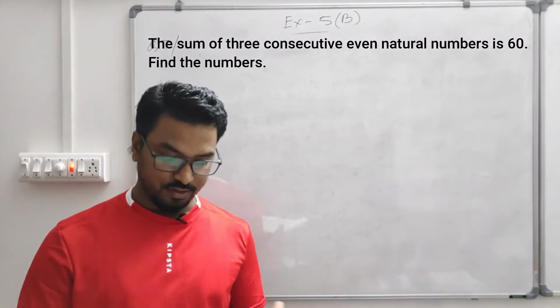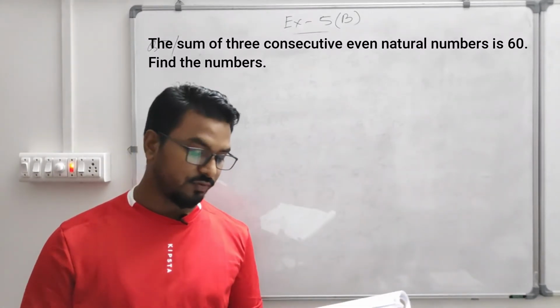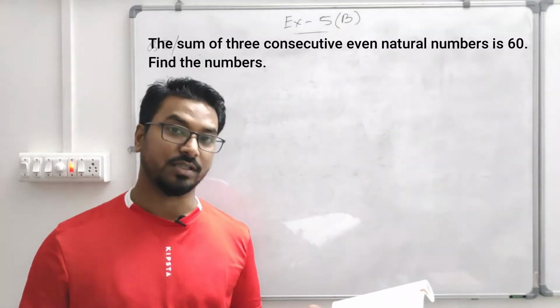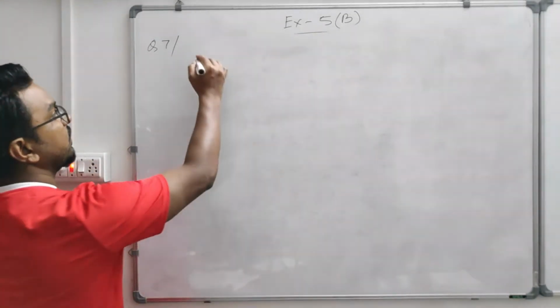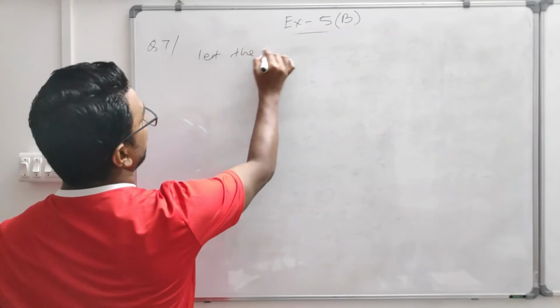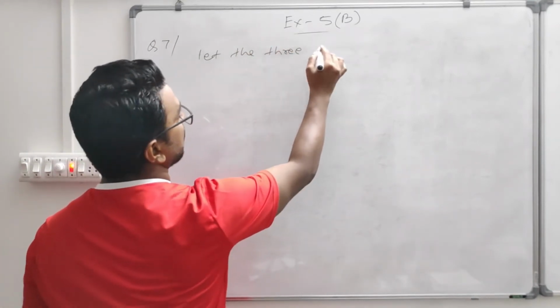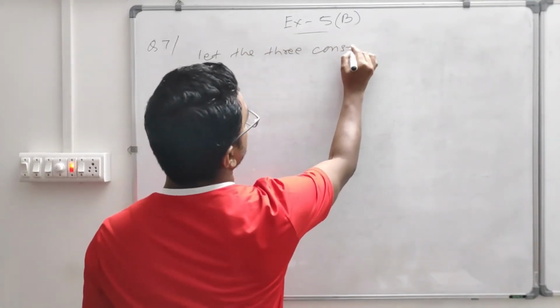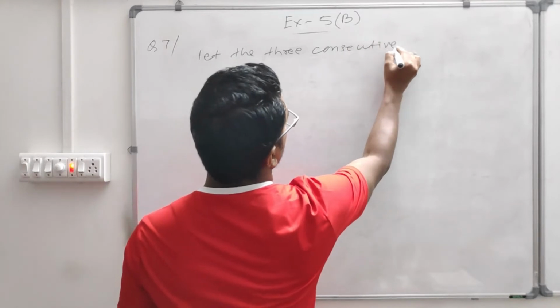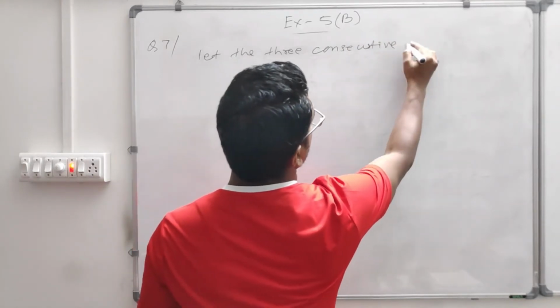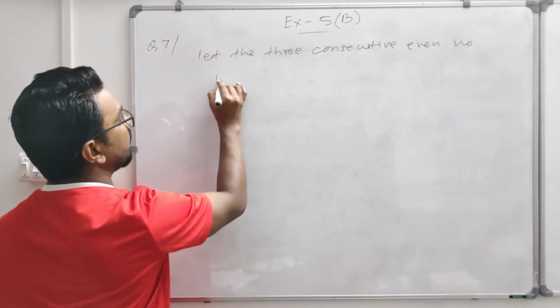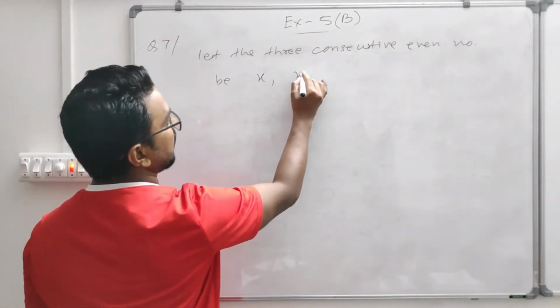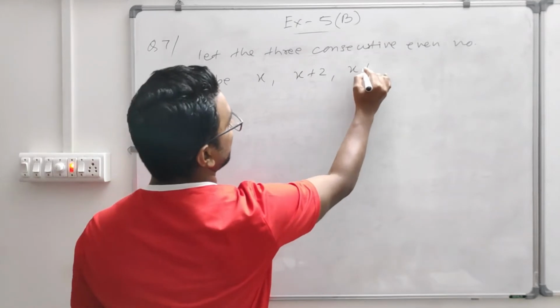Moving to the next question, it is given the sum of 3 consecutive even natural numbers is 60. So what are the 3 consecutive even numbers? Let the 3 consecutive even numbers be x, x plus 2, x plus 4.